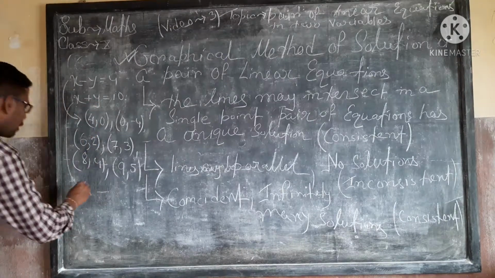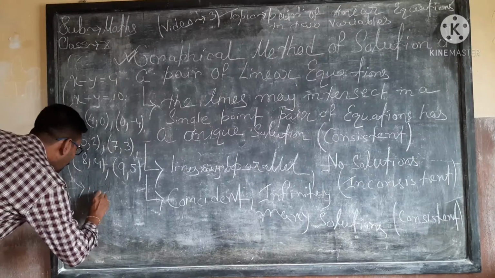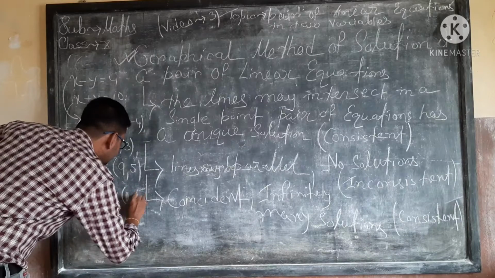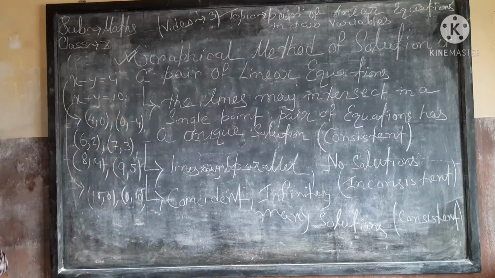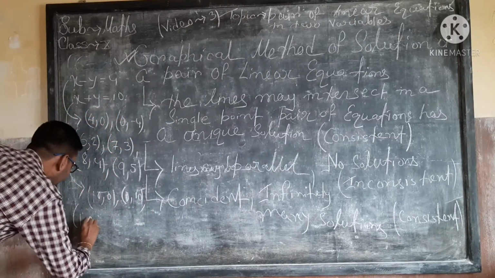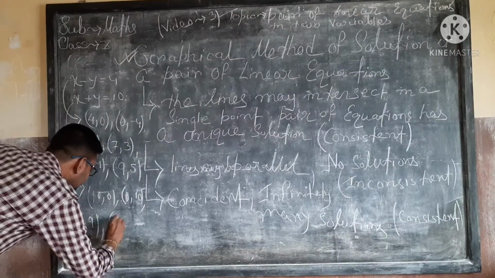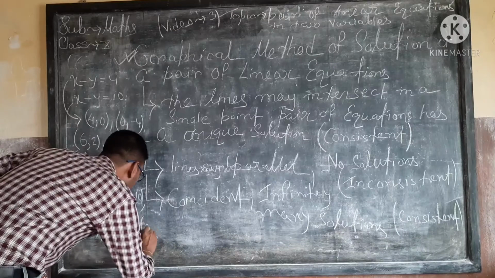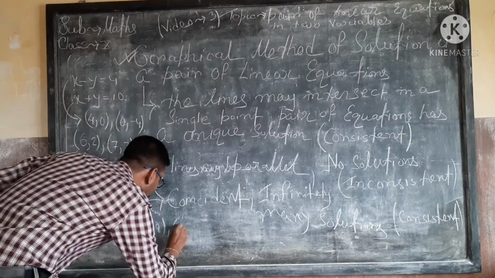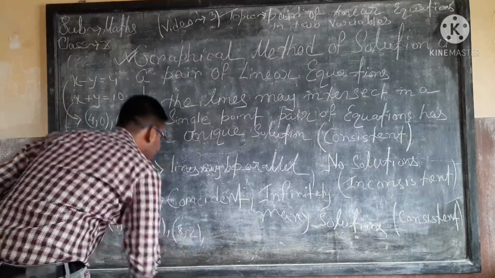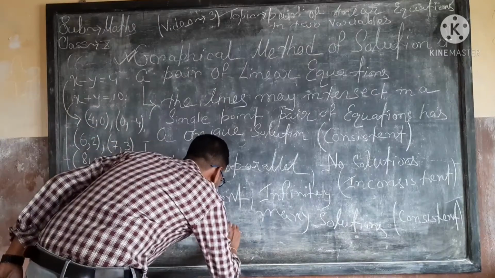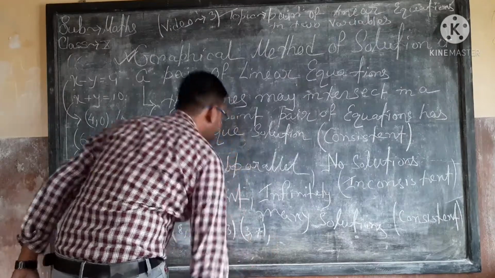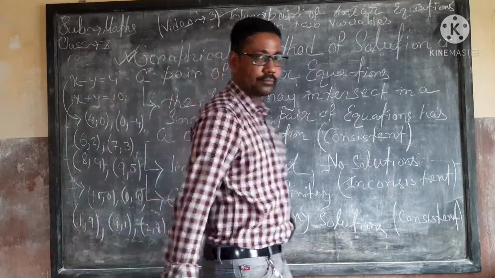A similar method is applied for the second linear equation. So what are the solutions? (10, 0), (0, 10), (1, 9), (9, 1), (2, 8), (8, 2), (7, 3) and (3, 7), and so on.